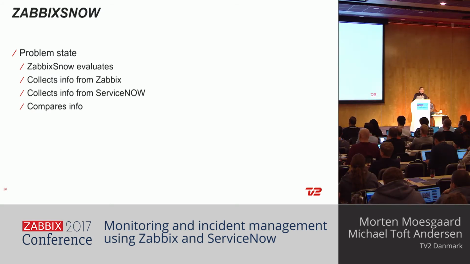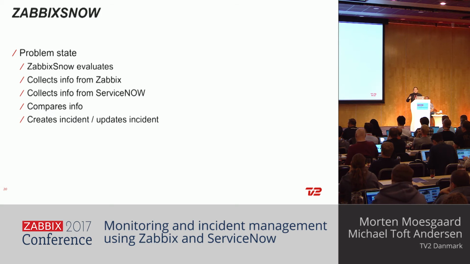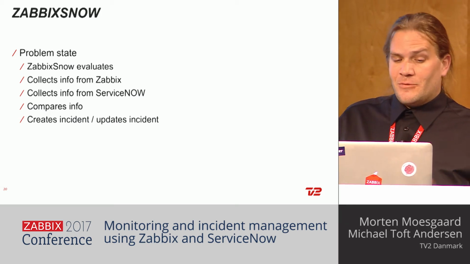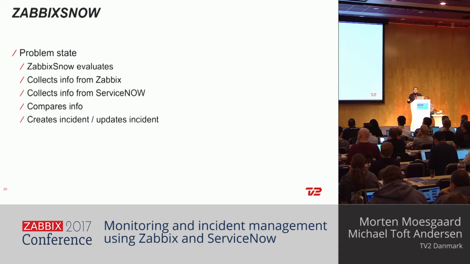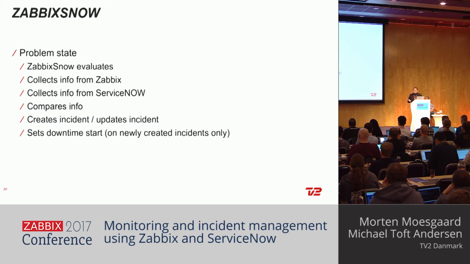And it compares the info: is the trigger valid, and is it valid in ServiceNow, and is it allowed to create an incident? If it is valid, it creates an incident, and if there is an existing incident and there is a problem, then it updates. It puts in the information that the trigger has started again. And then it sets the downtime start.